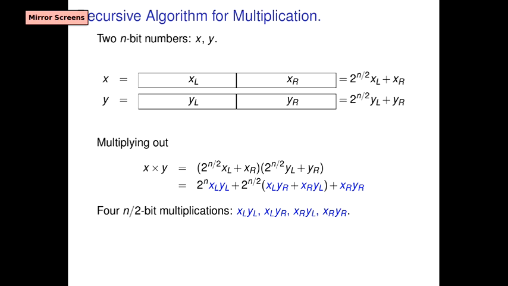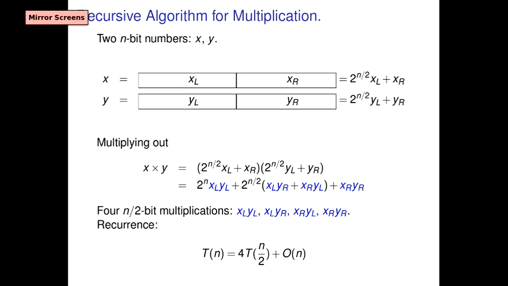Remember, you're integer multiplying. So first you're integer multiplying n-bit strings with each other, and now you're multiplying n over 2-bit strings with each other. So now you've made progress, right, in your recursion, right? Now you have smaller problems. So now you can compute each one of these. There's 4 of them.